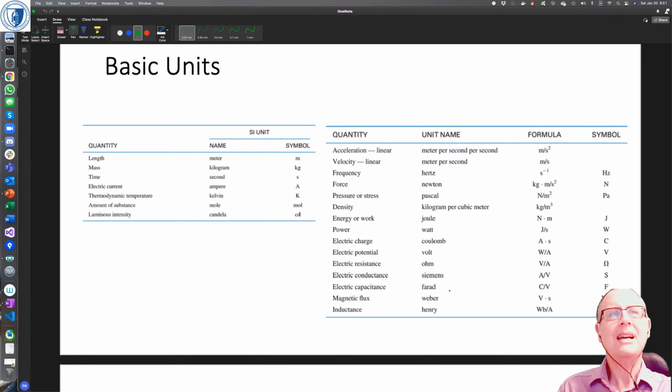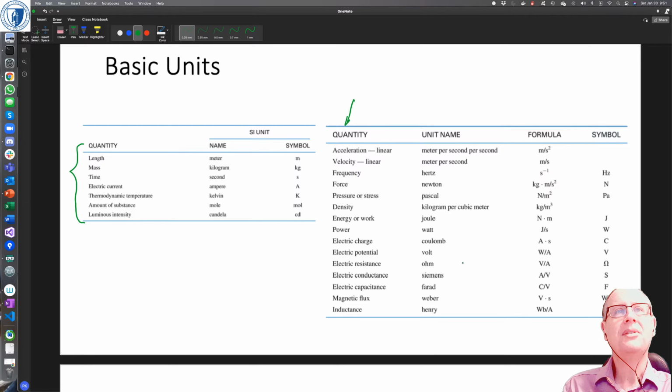And there's various other related quantities. The ones on the left here are pretty much the basic quantities, and the ones here are what you might call derived quantities. Acceleration is meters per second squared, velocity is meters per second, frequency is per second or hertz.